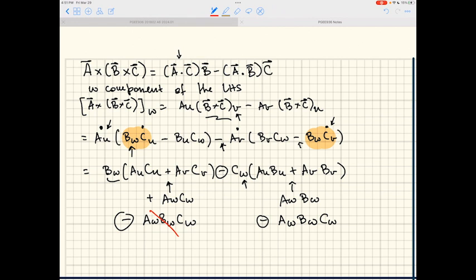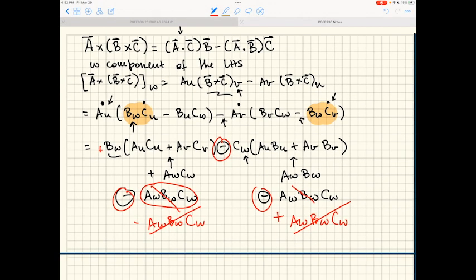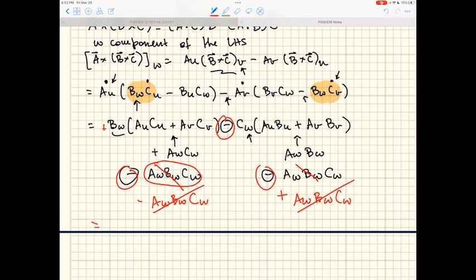Notice that in practice, this term is minus with minus equals plus, and this term is minus, which I included, with plus, which is minus. Minus AW BW CW here, and plus AW BW CW here. So we cancel those terms. And here we have a perfect dot product, okay?